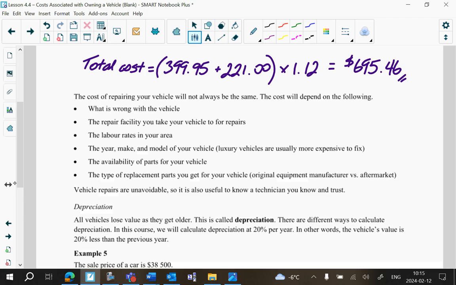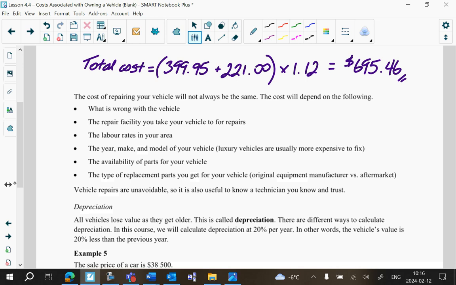Usually dealerships charge more. Whatever the labor rates are, the condition of your vehicle, what year it is. How available are parts, like if you live in a remote location, which we don't have to worry about here, but it's going to cost money to ship the parts there.